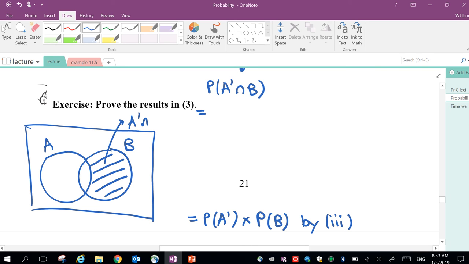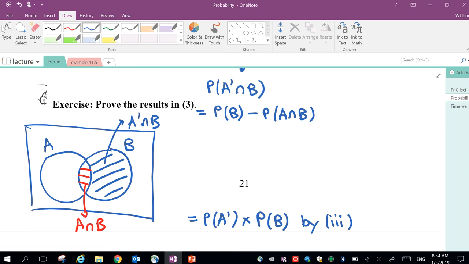So A prime intersect B is actually the probability of B minus the probability of A intersect B. Agree or not? Okay, so this is my Venn diagram.